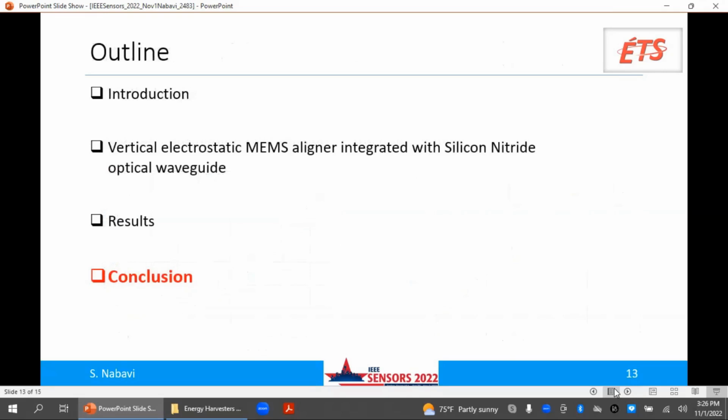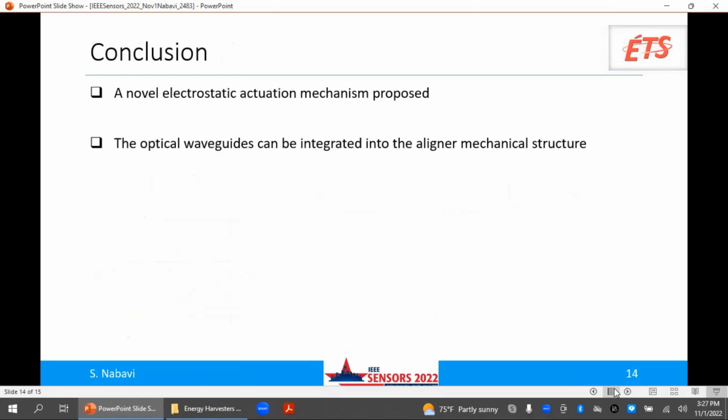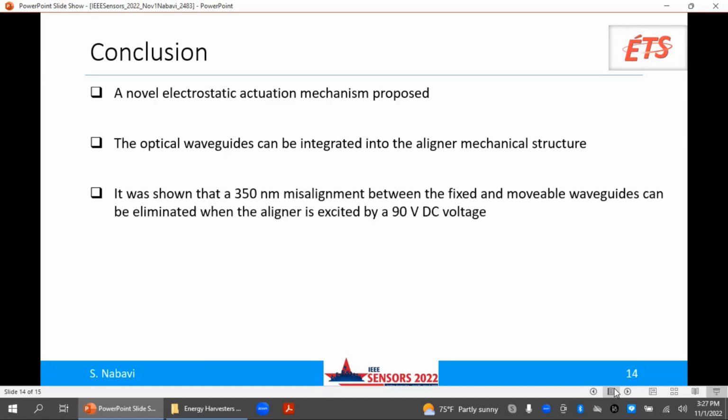So let's conclude this part. Here we propose a novel actuation mechanism based on electrostatics. Because of this novel actuation mechanism, we are able to use a thick device layer. Thanks to the thick device layer, we can integrate the optical waveguide in our system.